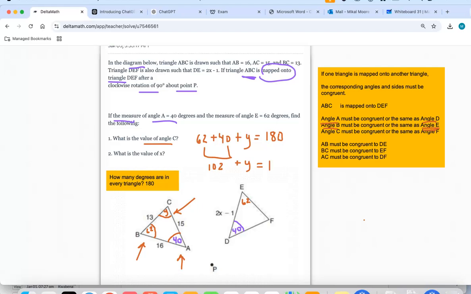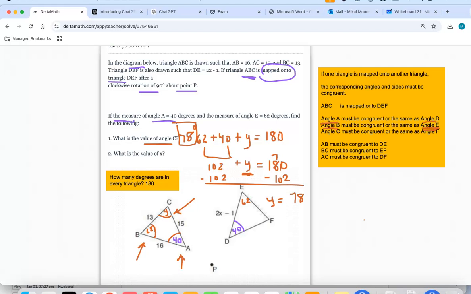Think about it this way: you've got $102 and you need a specific amount to get to 180. What is that amount? One way to figure it out is by subtracting 102 on both sides to get y by itself, and y is going to be equal to 78. You could use a calculator at this point, but the answer for this question is going to be 78 degrees for angle C.